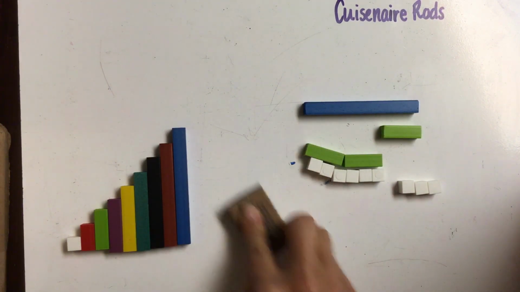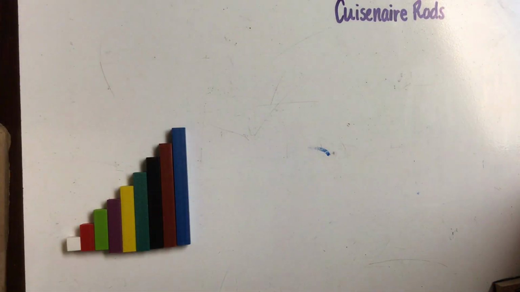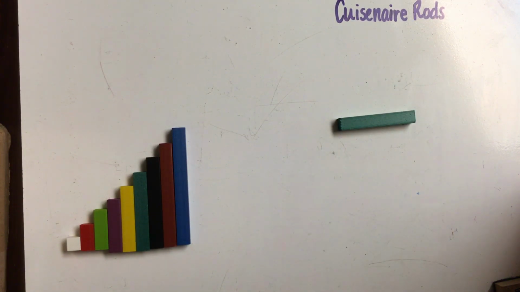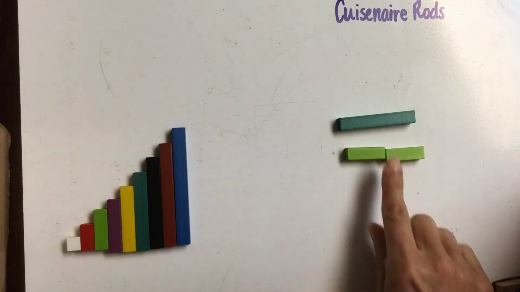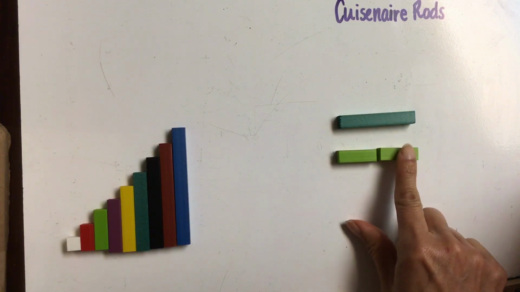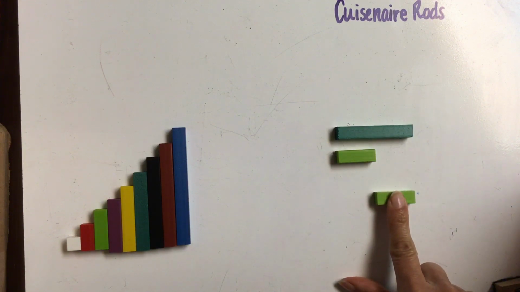Now, if you change your whole number, so that was our blue, say you want to change your number, and now we're looking at the dark green. So we know as teachers that this is a 6, and we'll say, how can you partition the dark green using equal parts? So using the colors, I find, oh, I can make halves. So 2 light greens is equal to a dark green. 1 light green is 1/2.